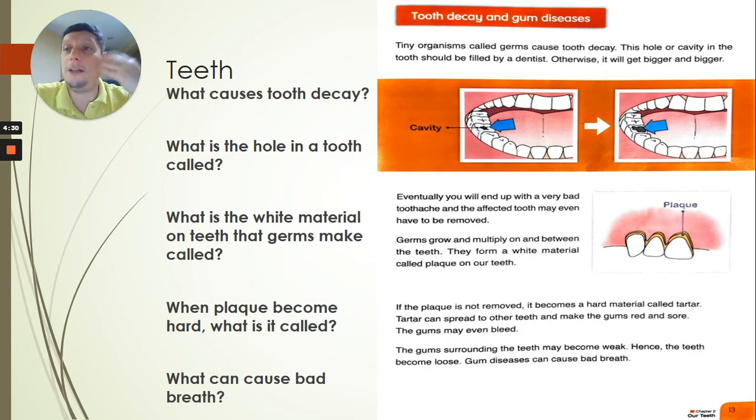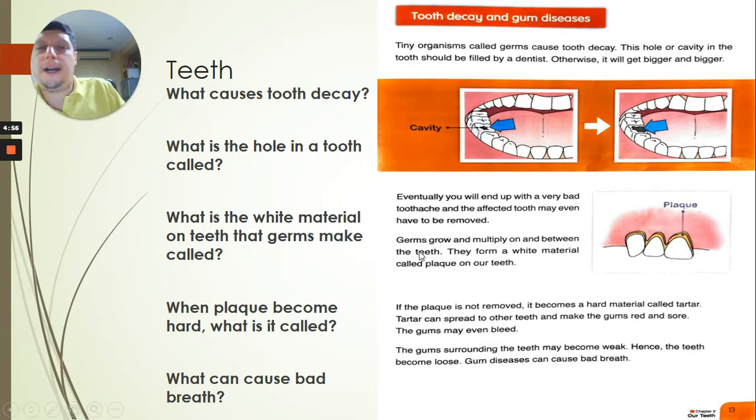Then you might have to get fake teeth in, and obviously fake teeth are not as good as real teeth. So you want to keep your real teeth for as long as possible. So it's really, really important that you look after your teeth, especially if you see a cavity like this. If it's only small, you should go and see the doctor straight away.